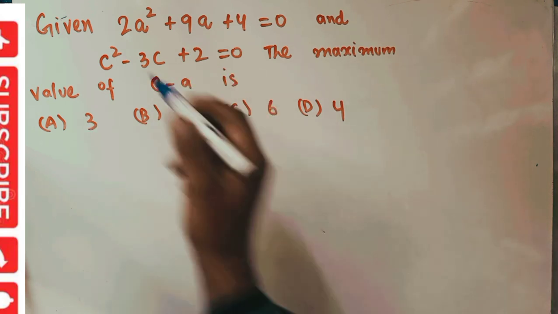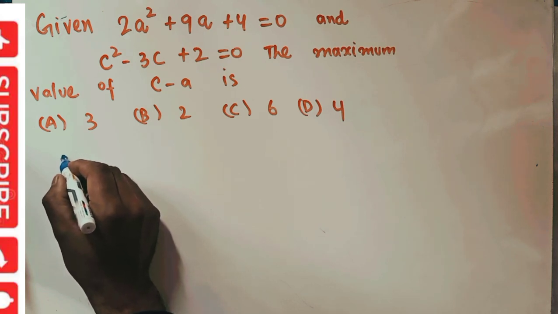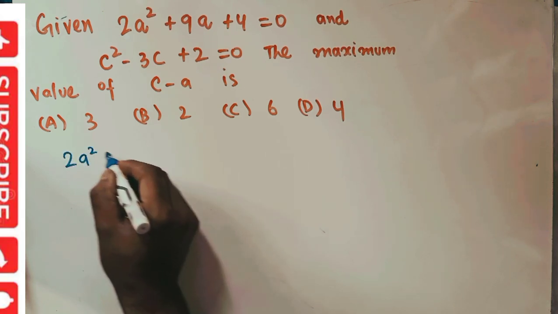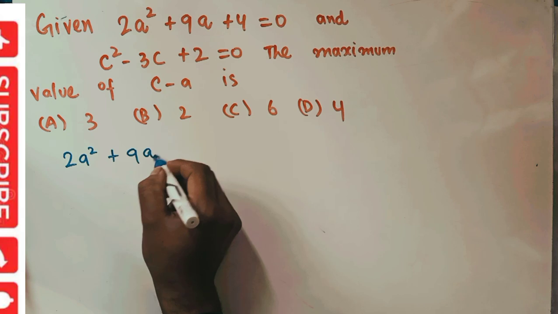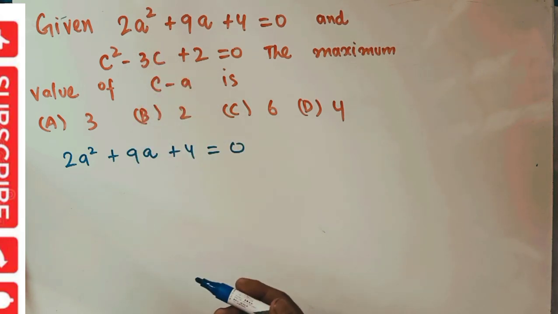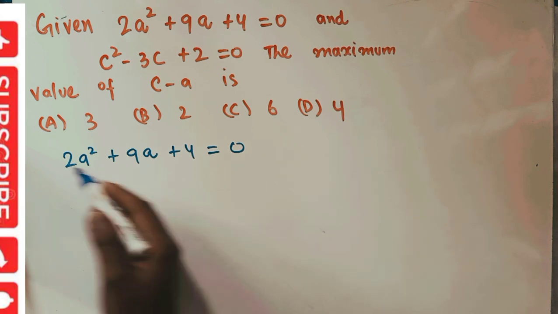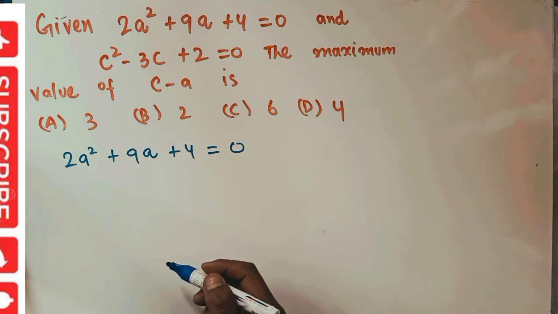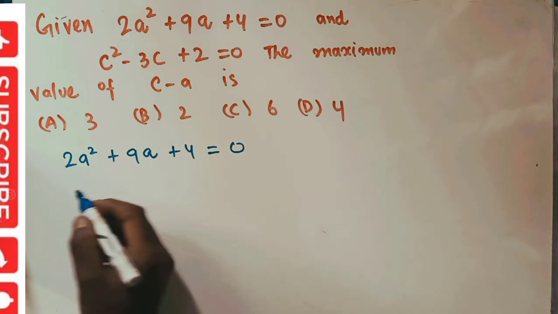Okay. So let's first write the first quadratic equation, that is 2a² + 9a + 4 = 0. First we need to find the values of a and c here. Solving this quadratic, we can split the middle term.